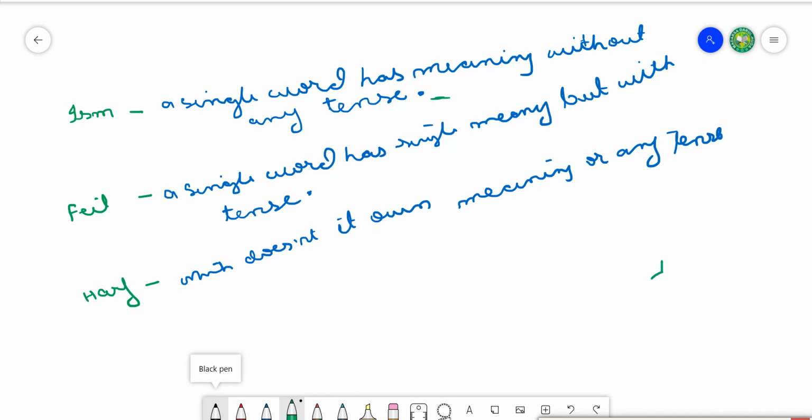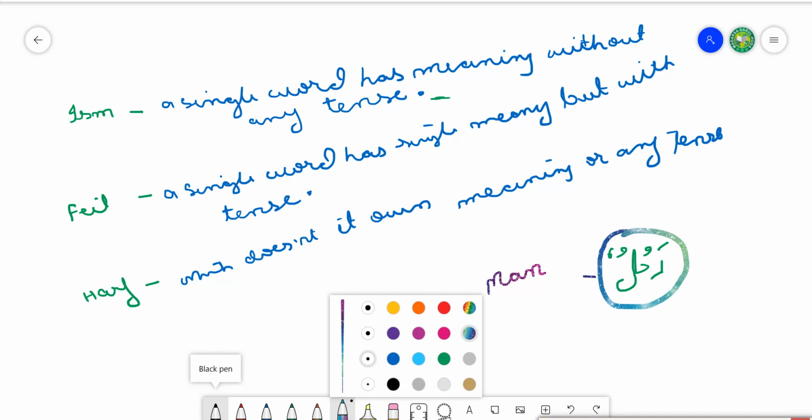For example, see, here I am writing an Arabic word, that is rajulun. So what is rajulun? Rajulun means man. So rajulun is an ism. Why is it ism?